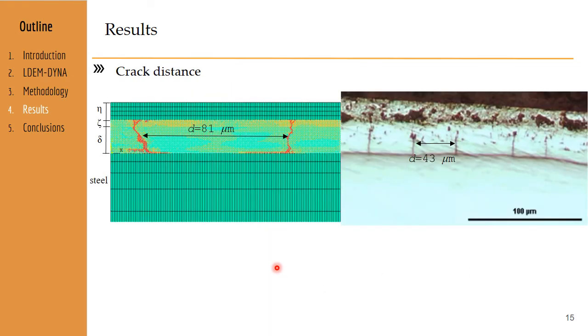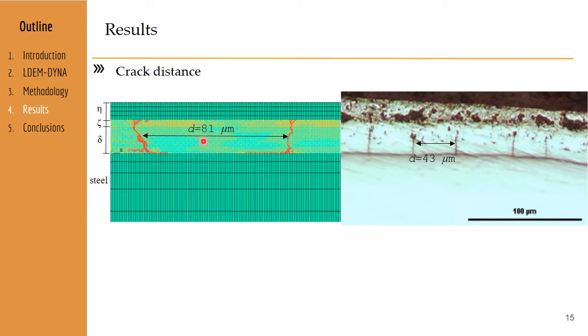Here we compare the experimental results obtained by Lume and the numerical results in terms of crack distance. We can observe that the distances between the cracks are similar, and in the simulation the green region represents the regions where the bars are not damaged.